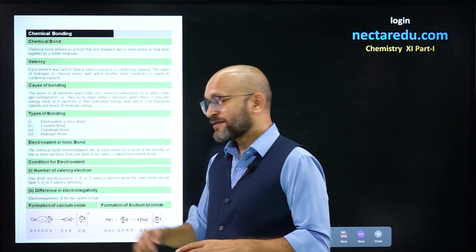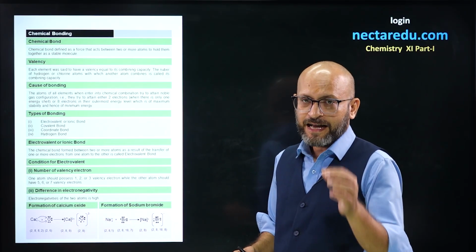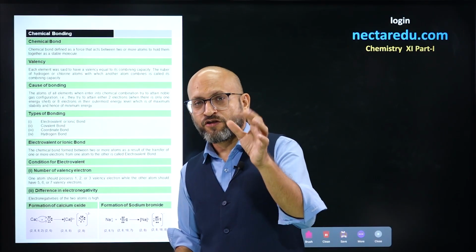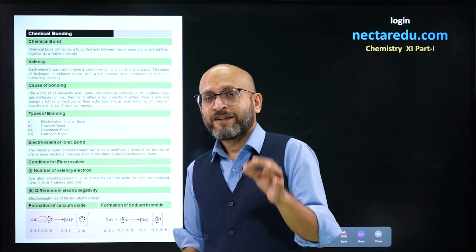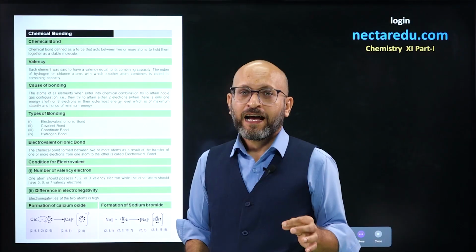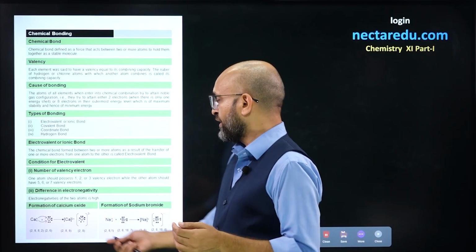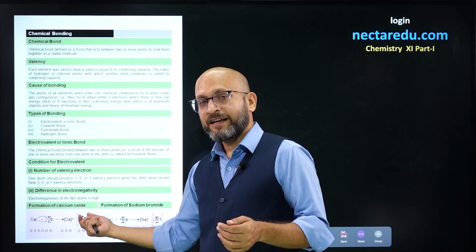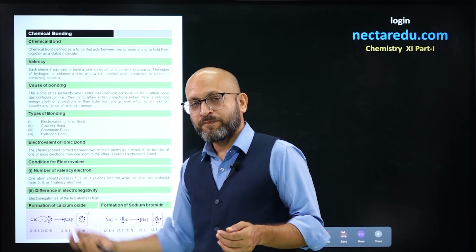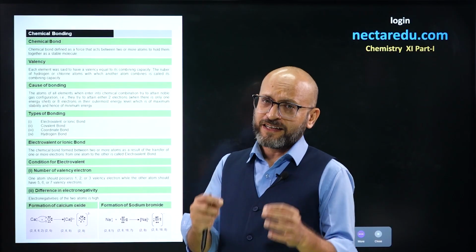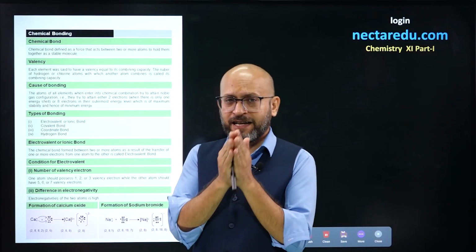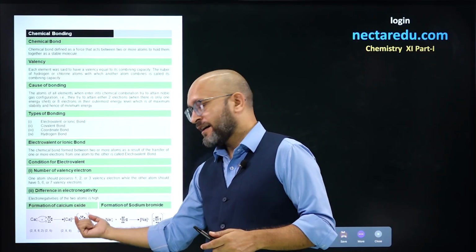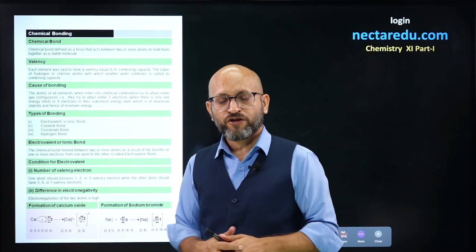As in calcium oxide, calcium has 8 valence electrons in its outermost shell, so does oxygen, and you can see how we have represented that: Ca2 plus, similarly O minus 2, right. So Ca2 plus and O minus 2 can be represented in ionic form to represent the conditions in calcium oxide.